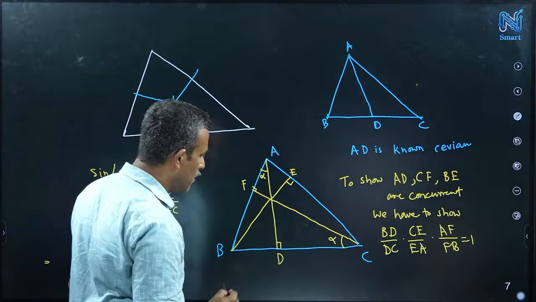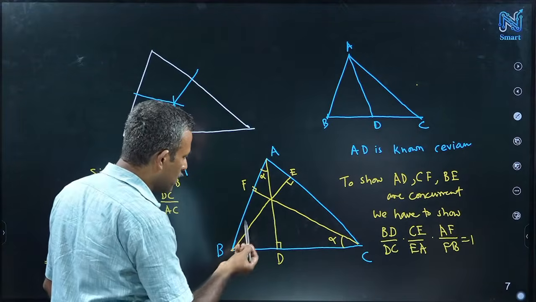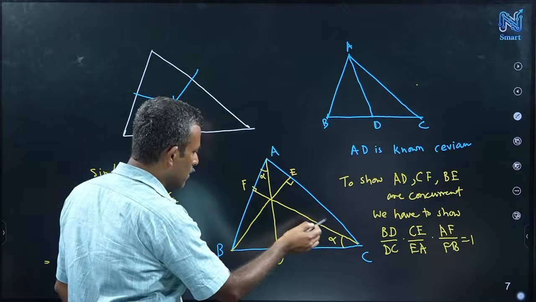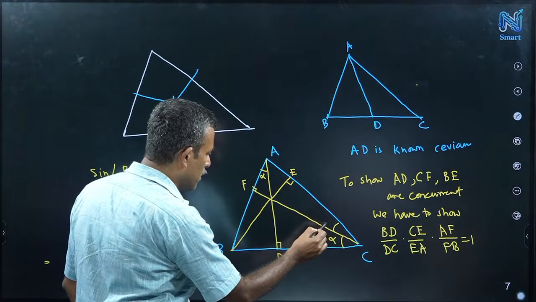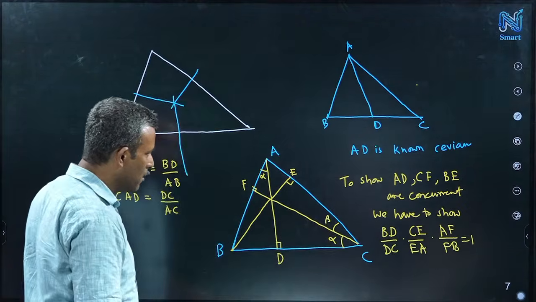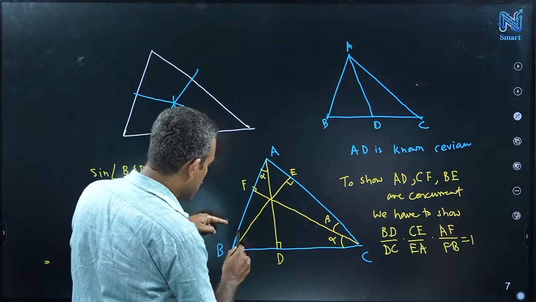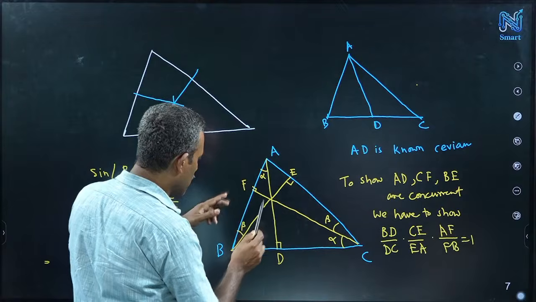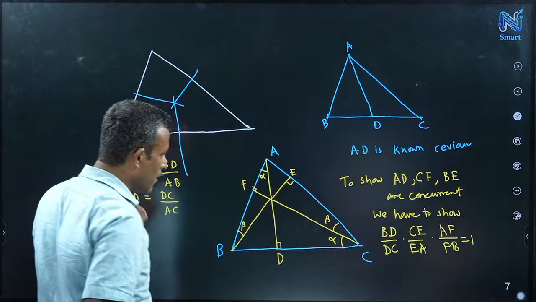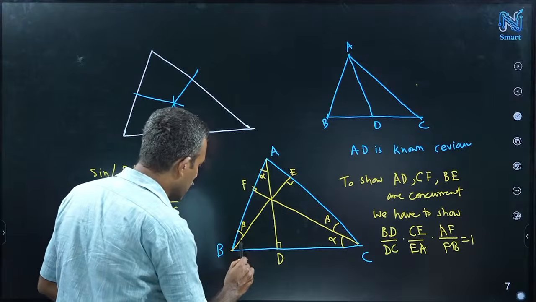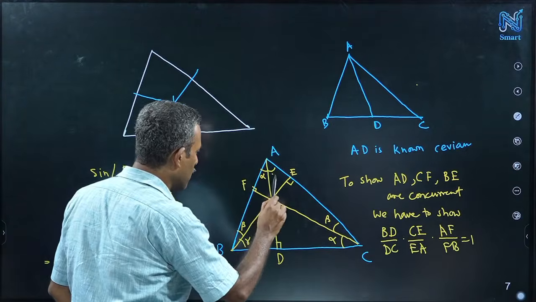So this is alpha. Then say this is beta. This is beta, right? This is the complementary angle of A. Now the last one is gamma. So this is gamma.